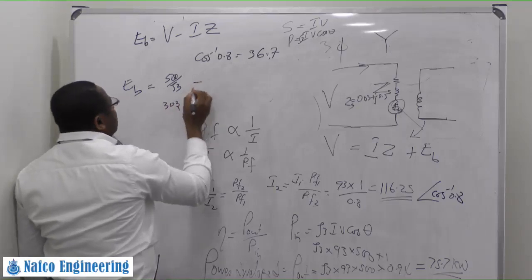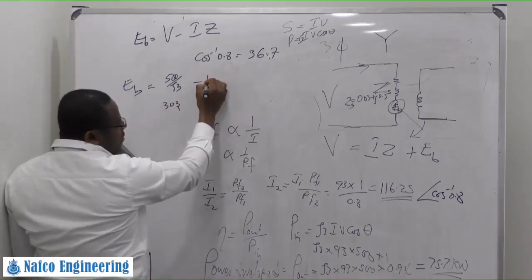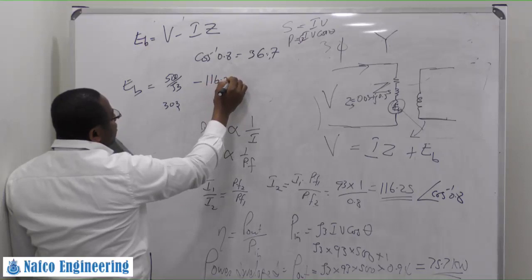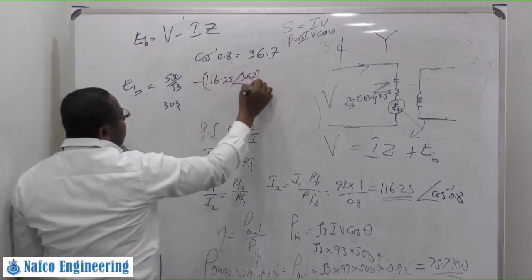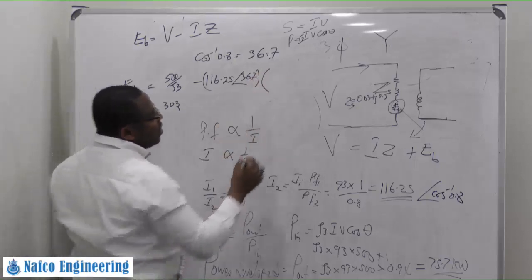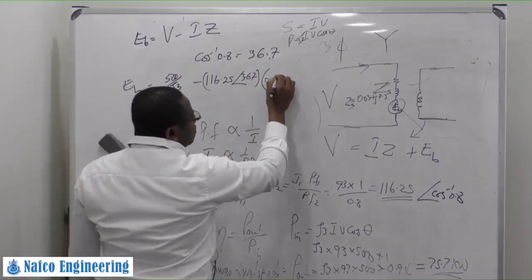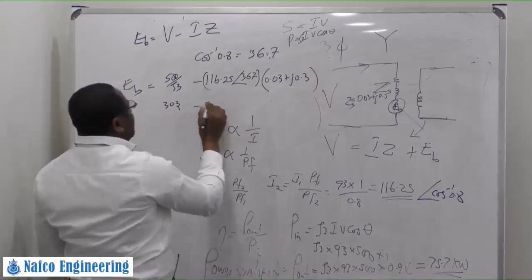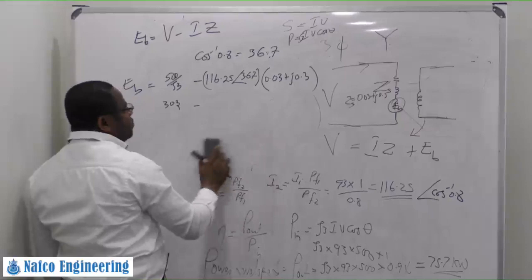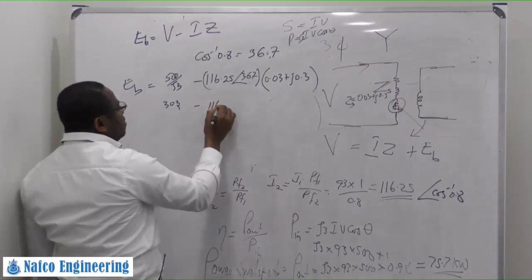Okay, then minus, you now put the current to have 116.25 with an angle of 36.7 into 0.03 plus j0.3. Okay, like that.